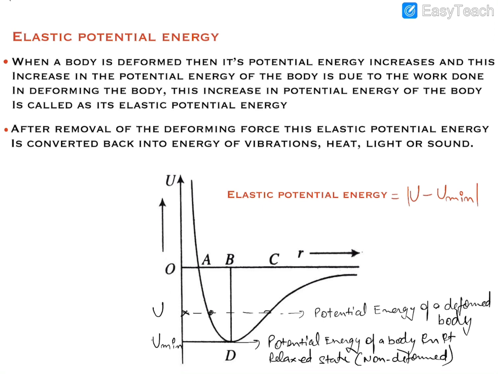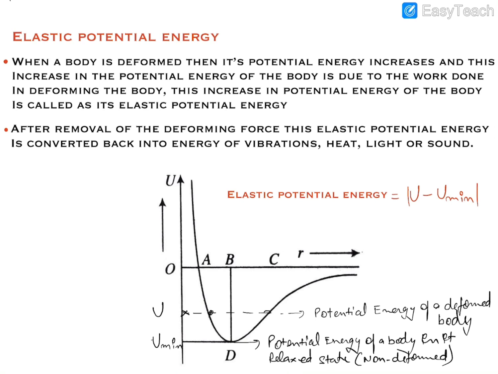We already know that when the body is not deformed, it is in stable equilibrium and its potential energy is minimum. So this point represents the minimum potential energy of the body, when it is in a relaxed or non-deformed state.